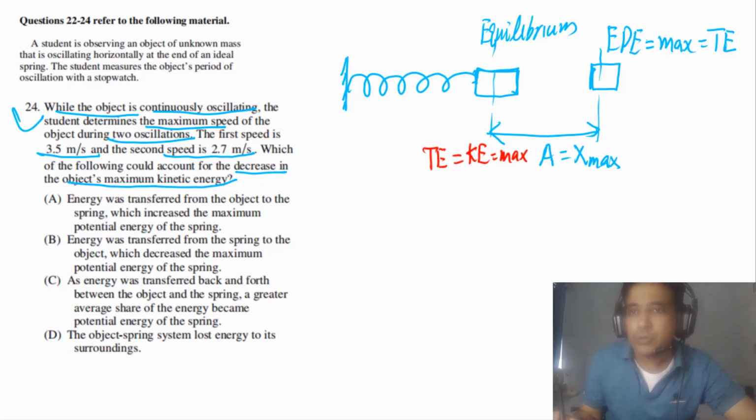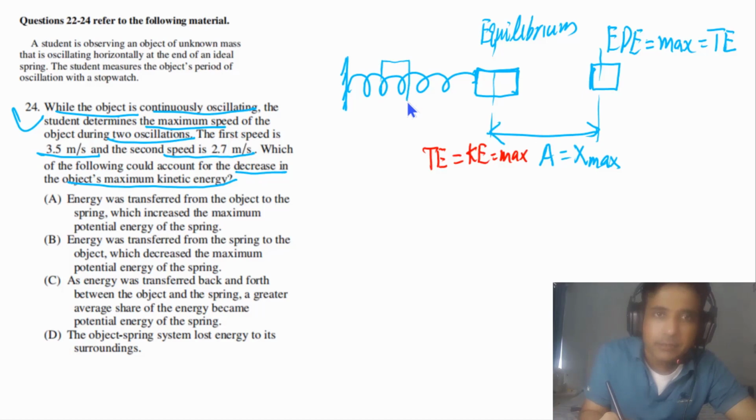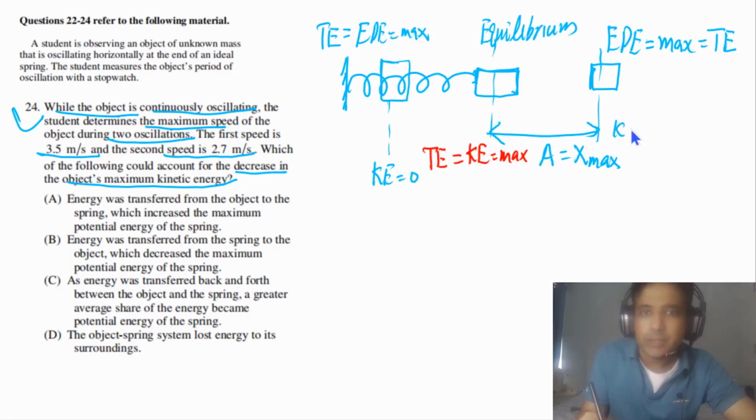And also we can draw this mass here when the spring will be compressed. So at this point it is also true, EPE will be maximum, and this is equal to total energy. But at this point KE will be equal to 0, and here KE also will be equal to 0.